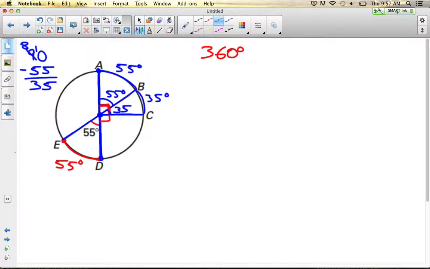Now, the last thing I'm going to use is something called arc addition. If you add up all the arcs in your circle, you should have, again, 360 degrees.